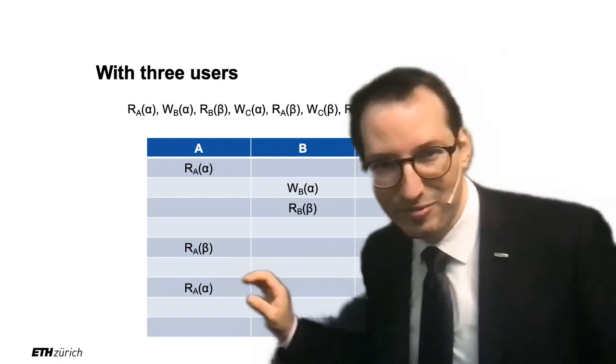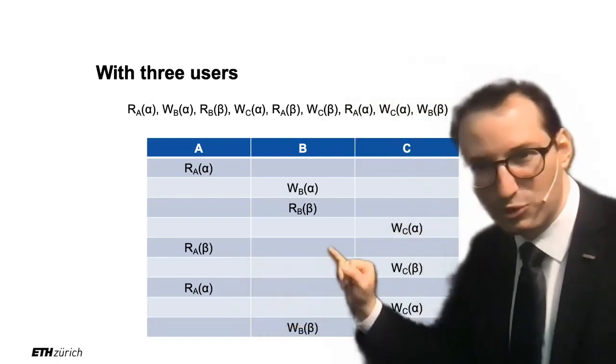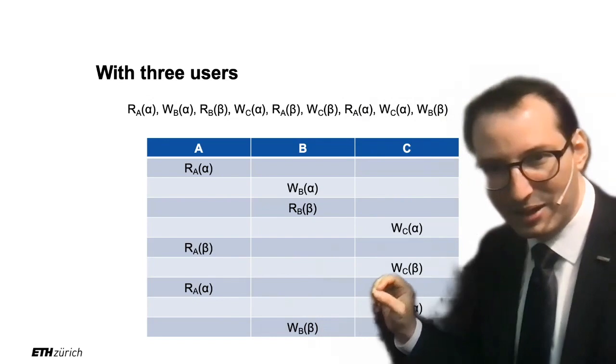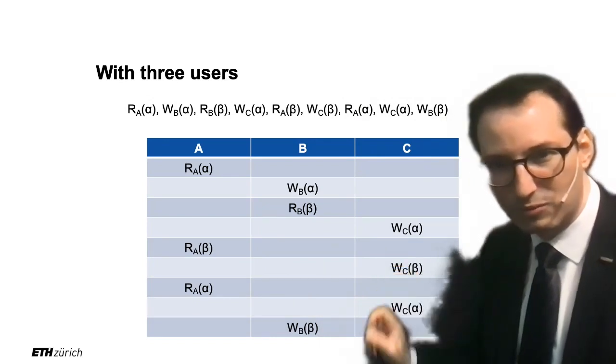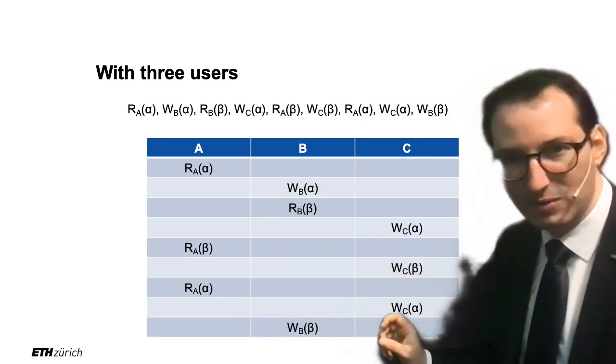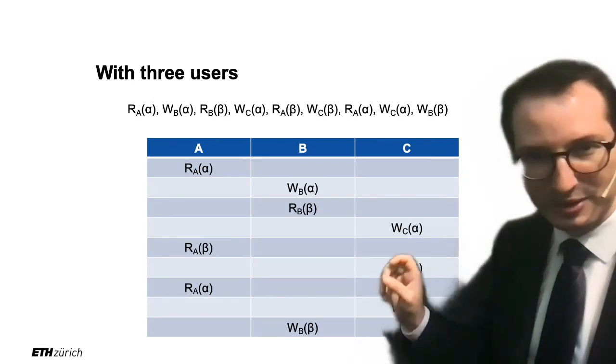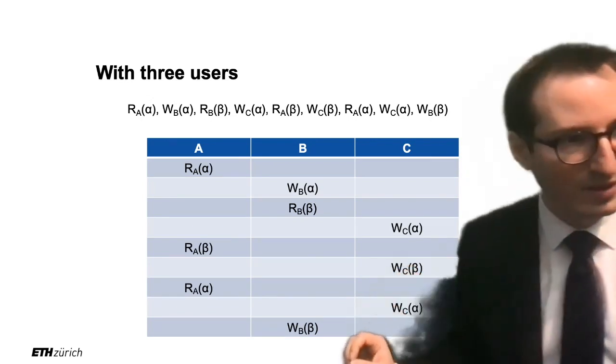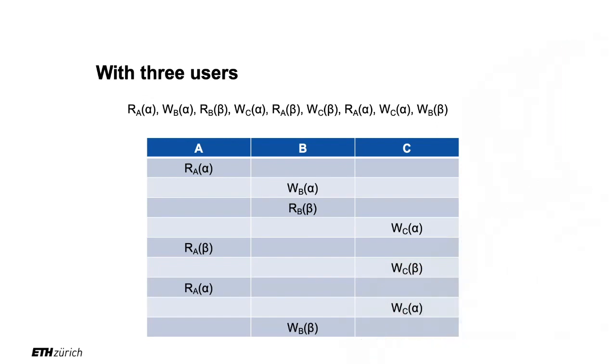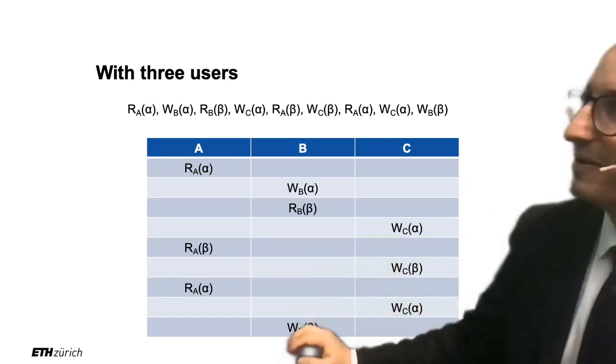So let's see if we find one. It needs to be alpha alpha or beta beta, and it needs to be a write, then a read. Does anybody see a place where there is a write and then a read, but both must be on alpha or both must be on beta? Yes, I see one on Zoom.